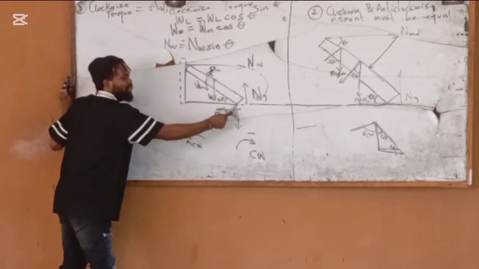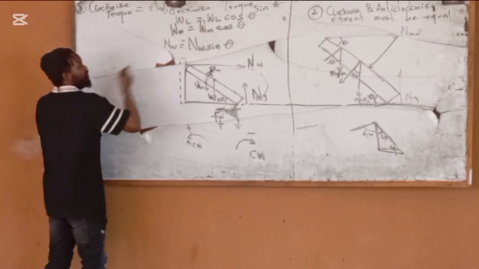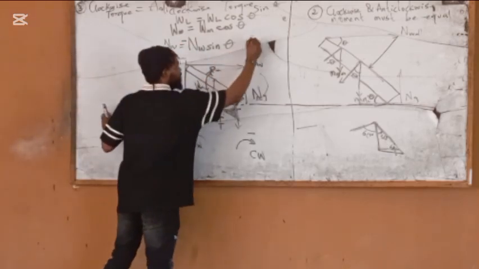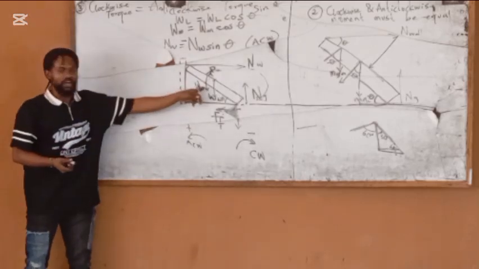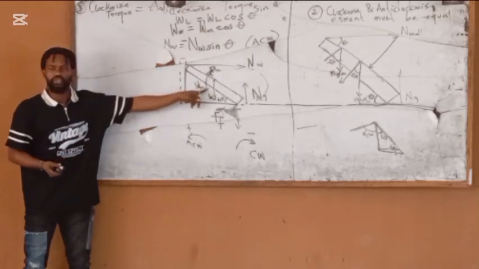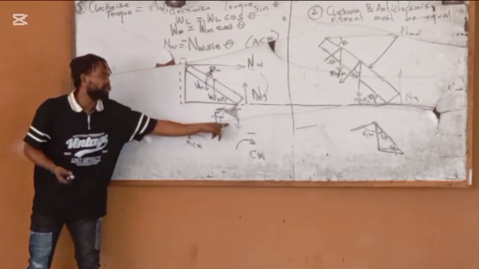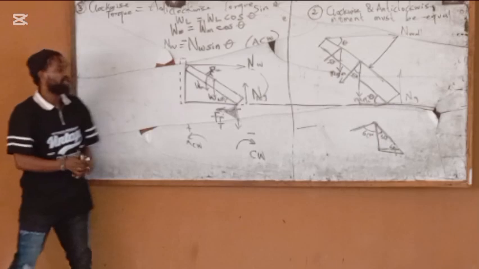So with that said, we've noticed that this fulcrum is where everything is rotating about. Let all these ones be constant. If I'm pointing this way, it is clockwise, so I put minus to show that. This one is anti-clockwise. Now let's go again. This particular force, if I'm going this way to this fulcrum from here, is it clockwise or anti-clockwise? Anti-clockwise.